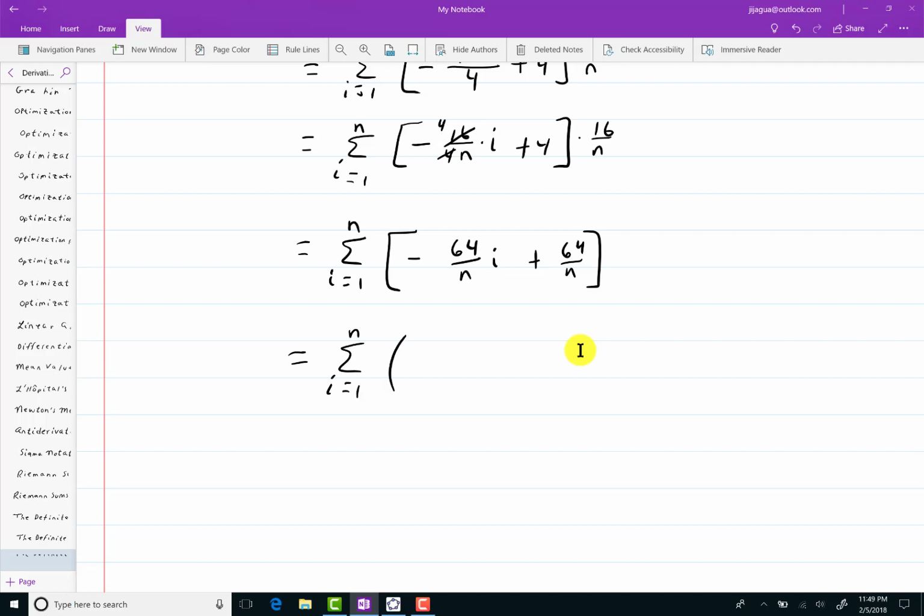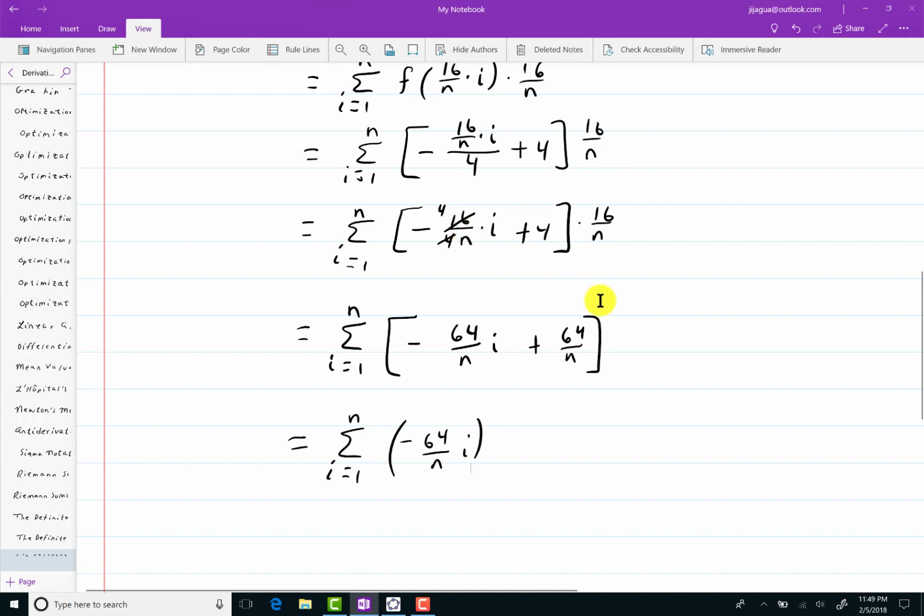So I'm going to break it into negative 64 over n times the summation of I, n squared, plus the summation I equals 1 to n, 64 over n.